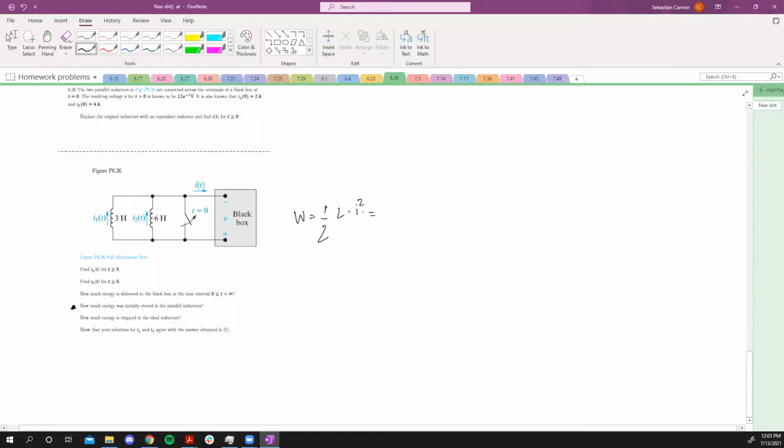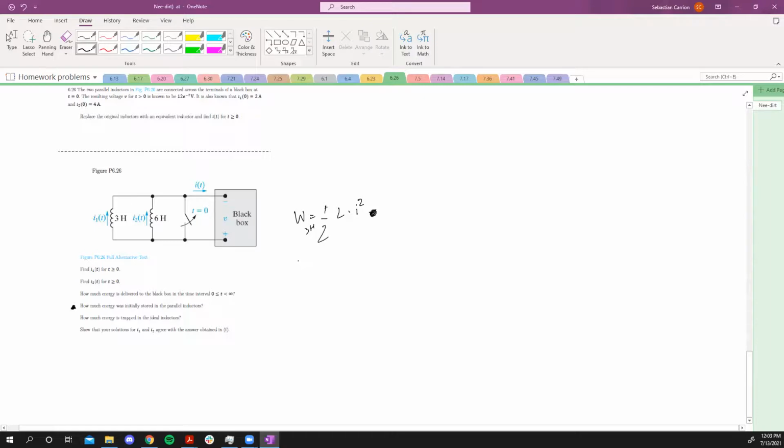In this case, we calculate the energy across the 3 Henry inductor and then the 6 Henry inductor.